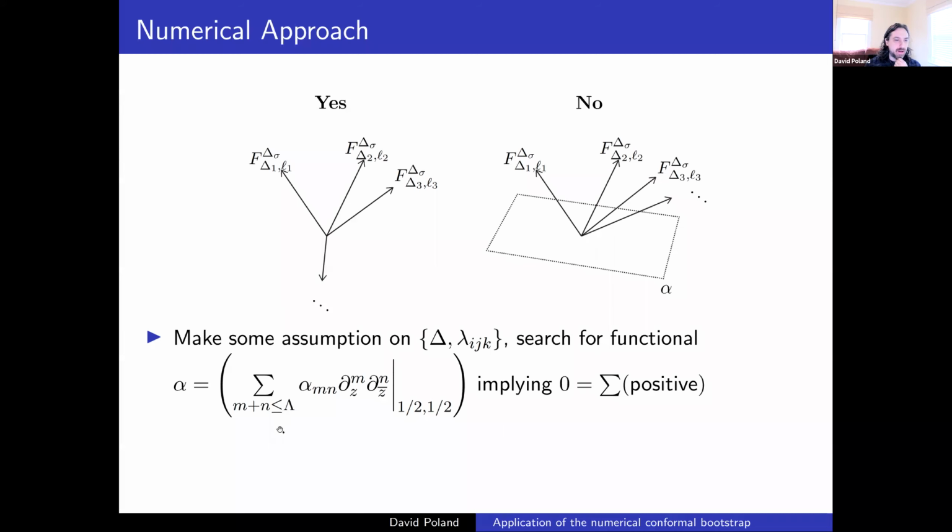And we look for linear combinations of those derivatives that imply some kind of contradiction, like 0 equals a sum over positive quantities. In practice, we have to truncate this sum over derivatives up to some order, capital lambda.